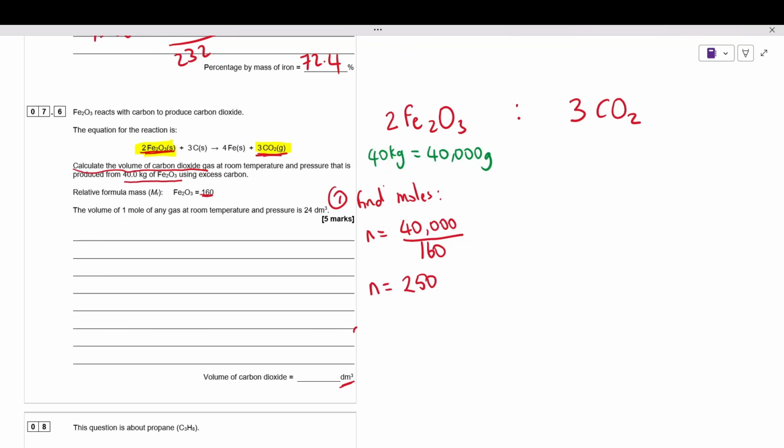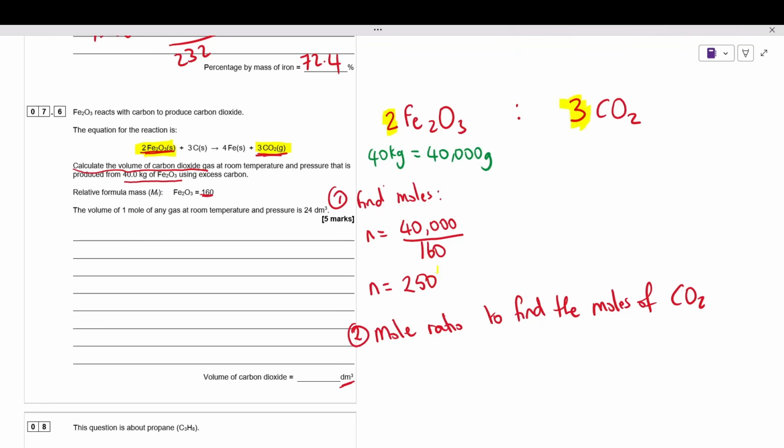Okay, so now the second part, I'm going to be using mole ratio to find the moles of carbon dioxide. So I'm using the mole ratio, not Russian, mole ratio, to find the moles of carbon dioxide. So I can see that it's in a mole ratio of 2 to 3. That's my mole ratio.